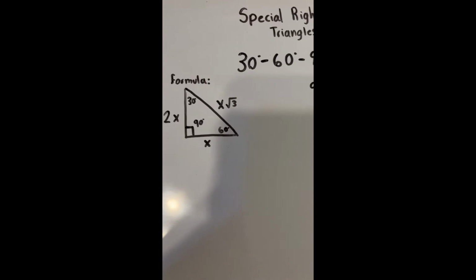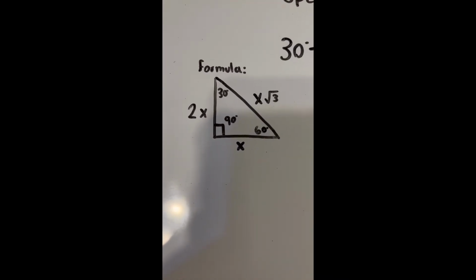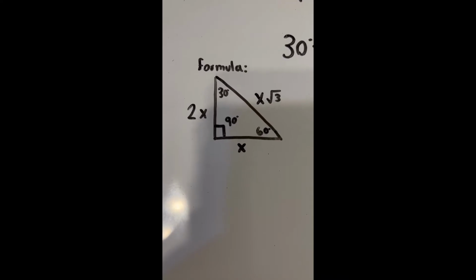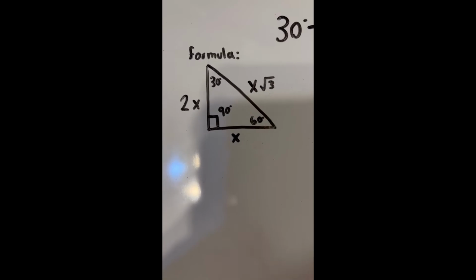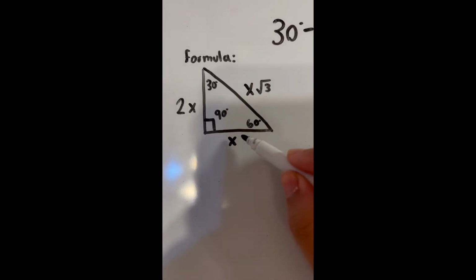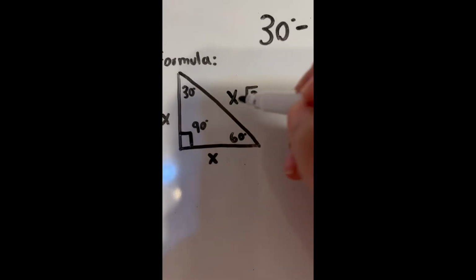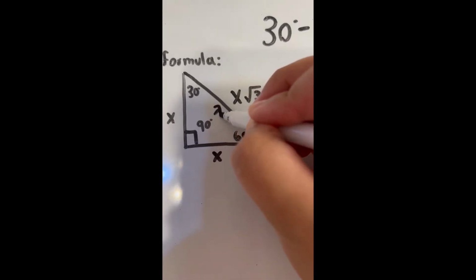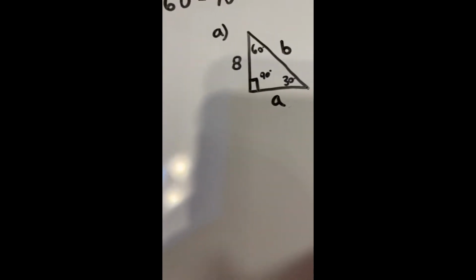For this question, we are going to be using the special right triangle 30-60-90. And we can see in this formula that the side that is closest to the 30-degree angle is 2x. The side that is closest to the 60-degree angle is x. And the side that is across the 90-degree angle, or the hypotenuse, is x square root of 3.